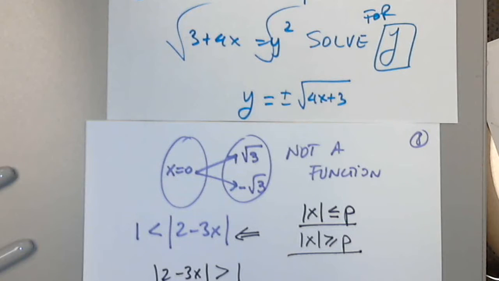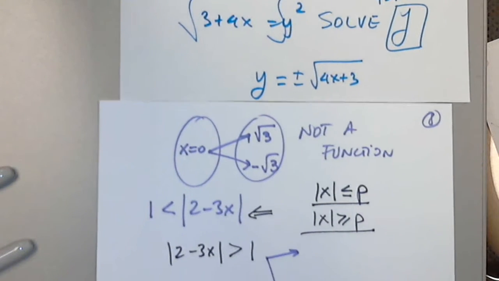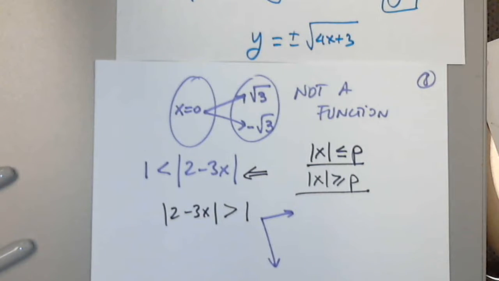More than 1 unit. So then this changes into two totally separate inequalities. More than 1. So I have 2 minus 3x and 2 minus 3x. The first one.